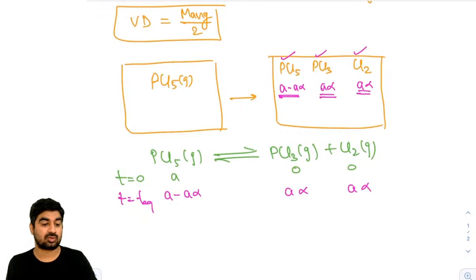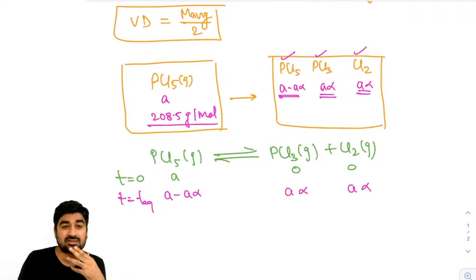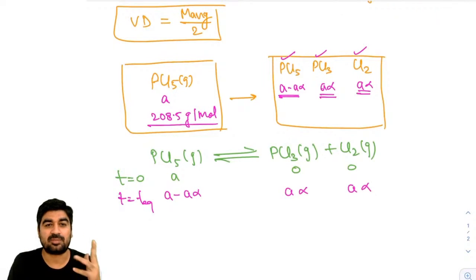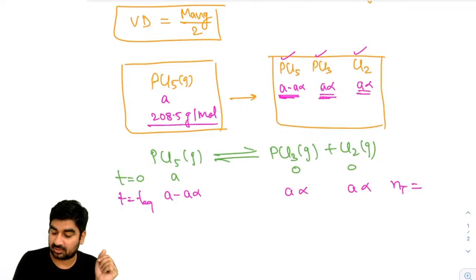Initially there was only one gas and A moles of it were present, and its molar mass is, suppose, 208.5 gram per mole. During a chemical reaction, total mass will not change, but total moles will change. If you add them, the total moles will be 1 plus alpha.